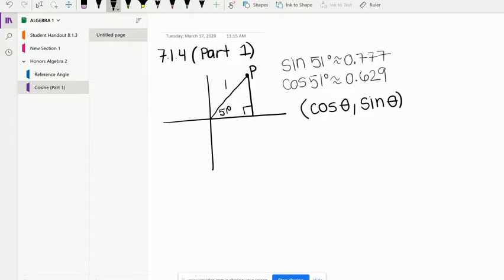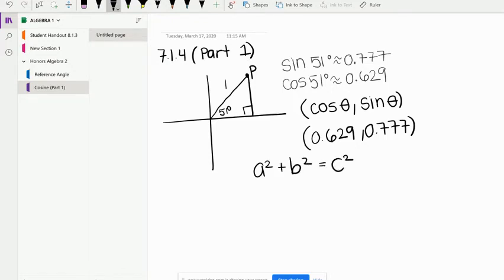Another way that we can find this, so again, I'm going to write out the points. So we know that the ordered pair is 0.629, 0.777. But another way that you should also know how to do this is by doing the Pythagorean theorem. So we know that a squared plus b squared is equal to c squared.